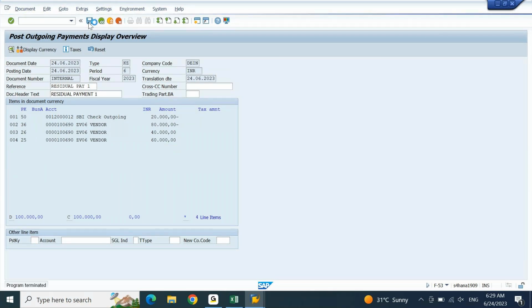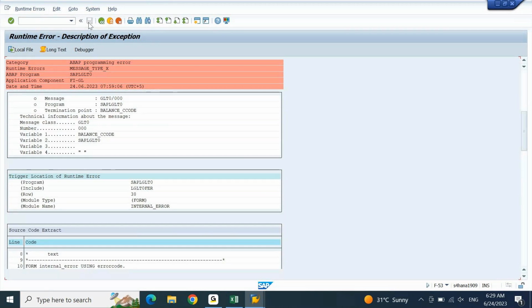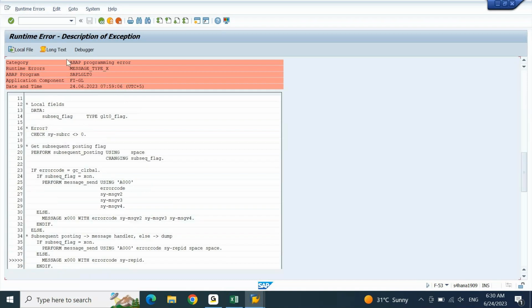This is giving a message, which means this is giving a runtime error or a dump. It's talking about GLT0. Let's check the document splitting settings.